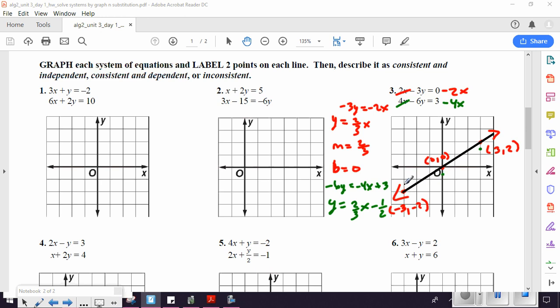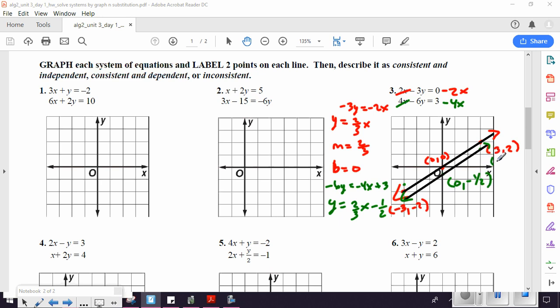Or I could come down 1, 2, over 3, so right here. So we have (0, -1/2) for my y-intercept.